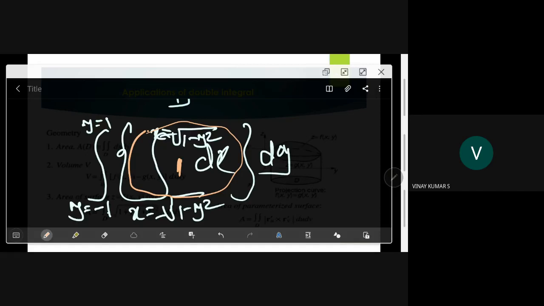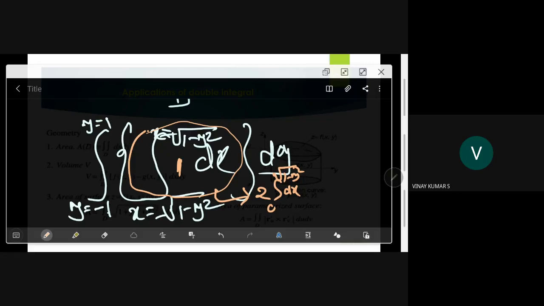You can just use properties to tell what is going to come here. The constant function is an even function, so it is twice the integral from 0 to square root of 1 minus y square of dx.